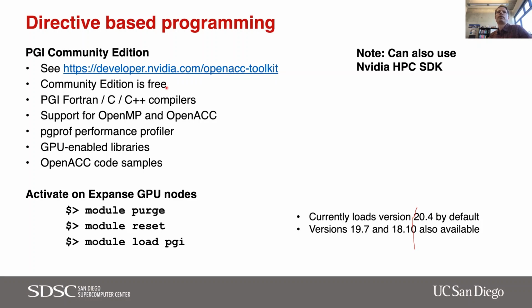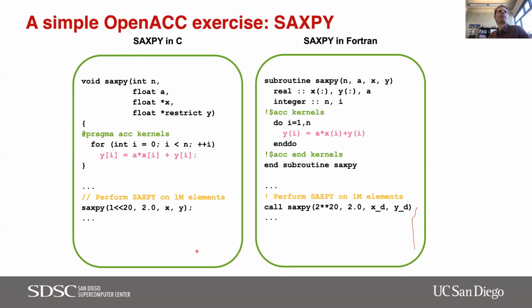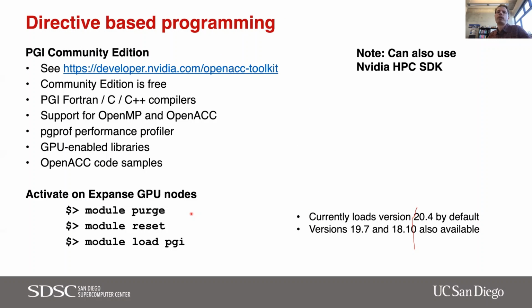They are free, and they include the PGI Fortran, C and C++ compilers. They work with OpenMP and OpenACC for CPU, and OpenACC for GPU. Profilers, libraries and OpenACC code samples are available. All you have to do is say module load PGI on Expanse, or you could load the NVIDIA HPC SDK, like I mentioned before.